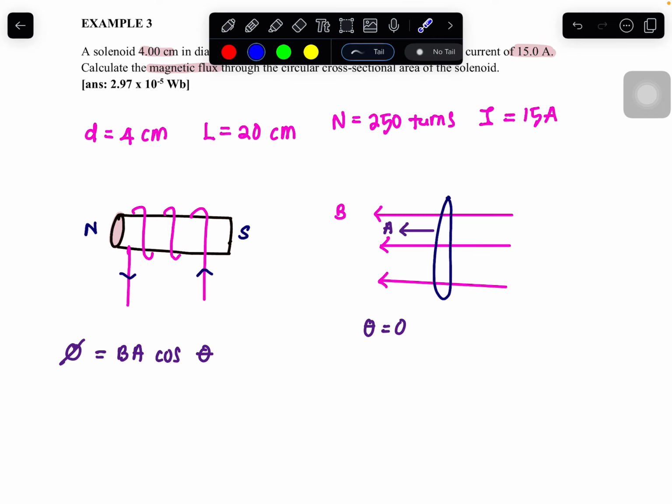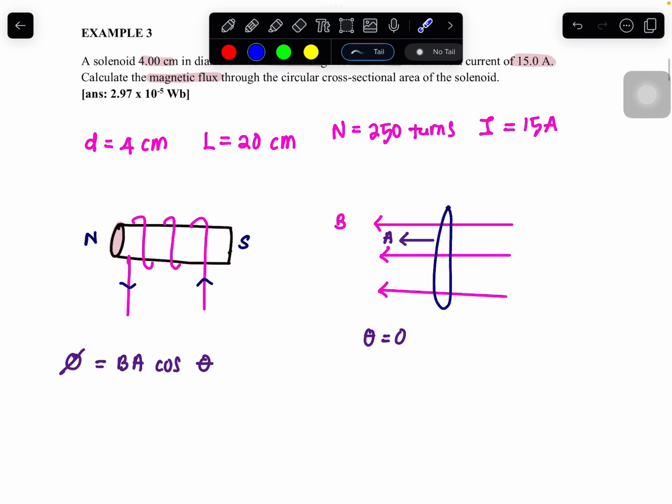But notice in this case we don't have area, we don't have magnetic field. So we must first find the area and magnetic field. Area we can find using the diameter given. And for magnetic field, notice we have length, number of turns and current.